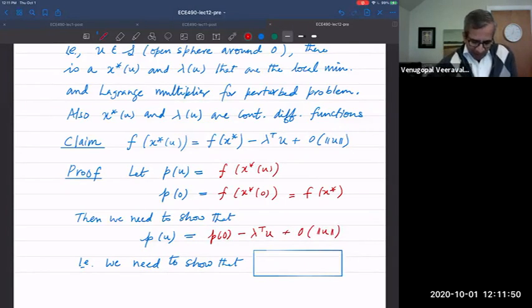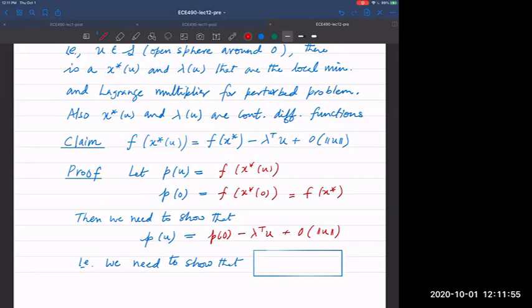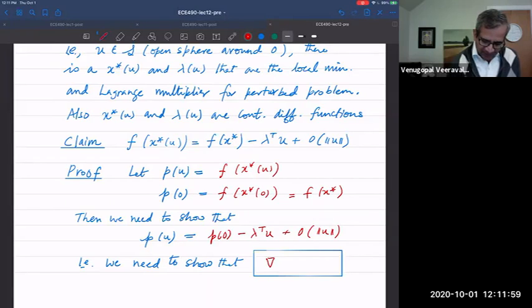Basically what we want to show is that the gradient of this function P, which I said is continuously differentiable, should equal, sorry, the gradient of P at 0 should be minus lambda.